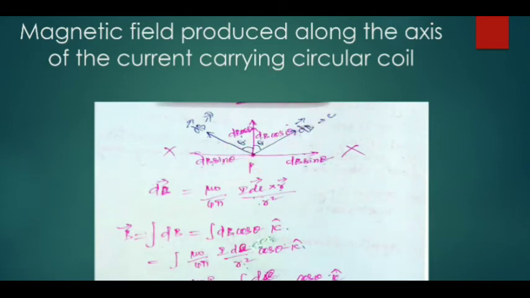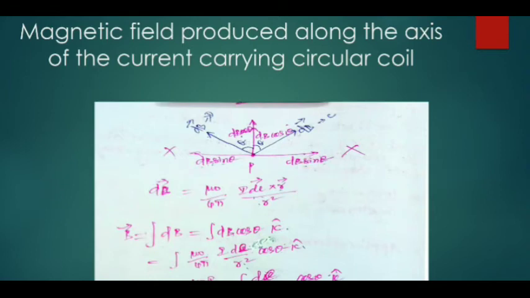Now according to Biot-Savart law, dB is equal to mu naught divided by 4 pi, I dl cross r vector divided by r square.